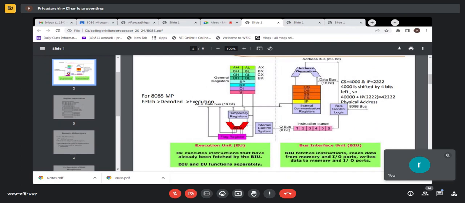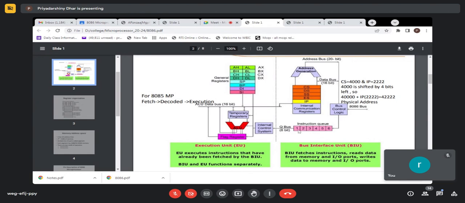Remember, okay? Now IP is the instruction pointer, and another thing is our instruction queue. Six instruction queue bytes are present inside this bus interface unit.